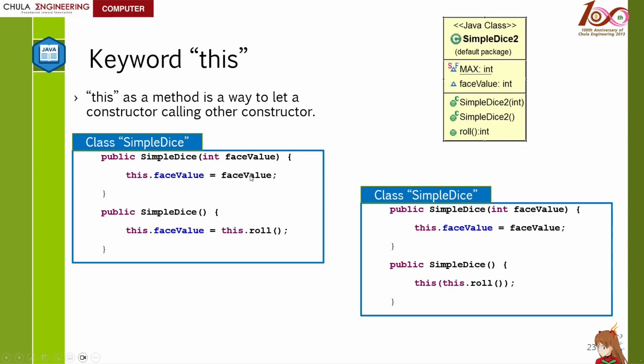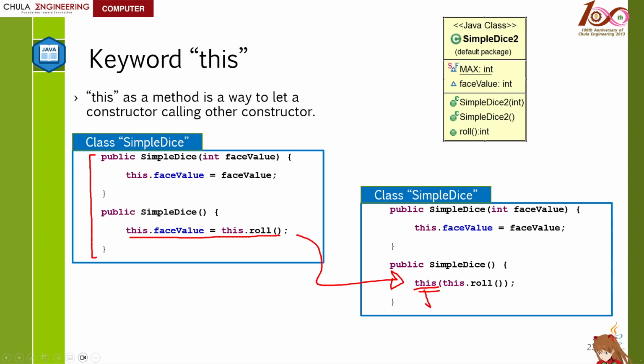Okay, let's carry on. Again, this is the one that we see in SimpleDice2. And we can actually make this code a bit shorter by using the keyword this, which in this case means constructor.